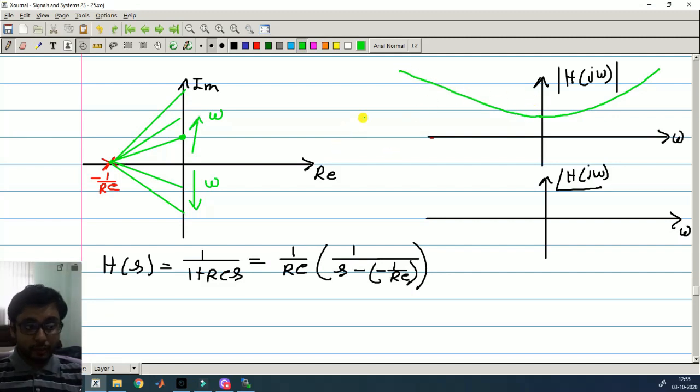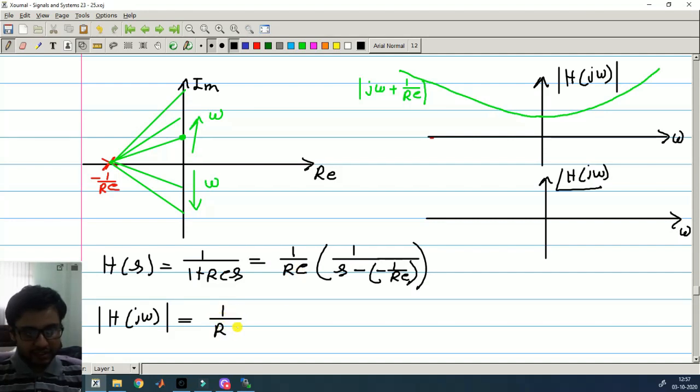But this graph is the magnitude of jω minus minus 1 by RC, so plus. But what we actually want is the magnitude of H(jω), that is 1 by RC and the magnitude of jω minus minus 1 by RC.